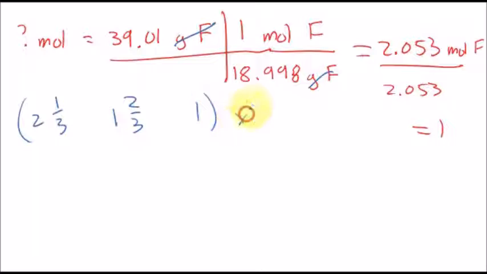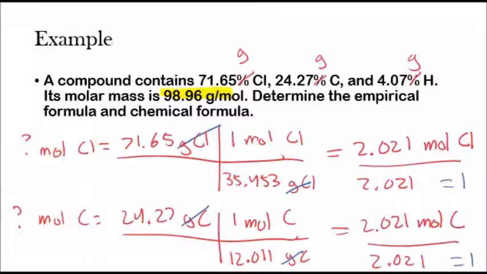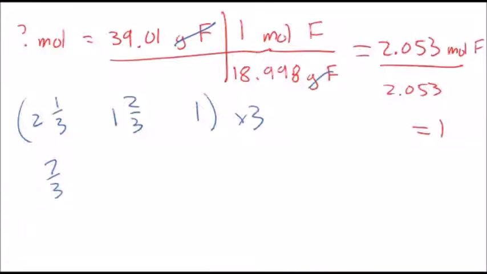by 3. So when we do that, we're going to get 2 1/3, which as an improper fraction is 7/3. So 7/3 times 3 is 7. Here, improper fraction, 1 2/3 is also 5/3. So 5/3 times 3 is 5, and 1 times 3 is 3.